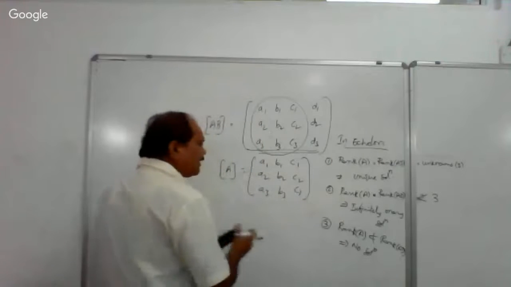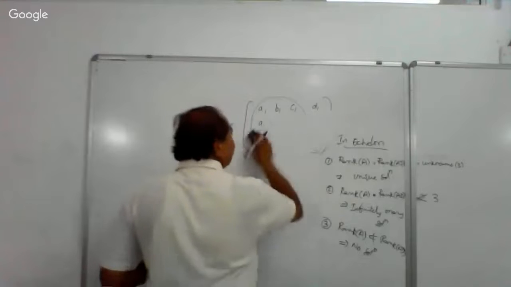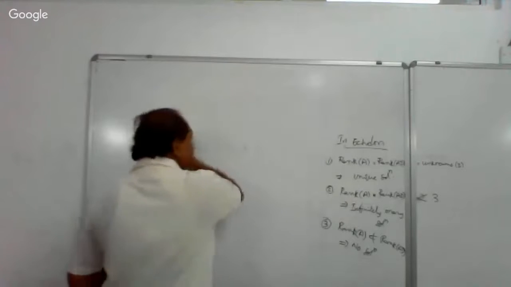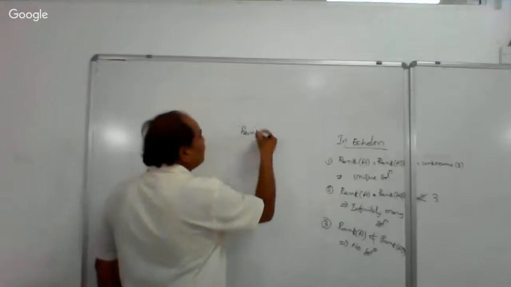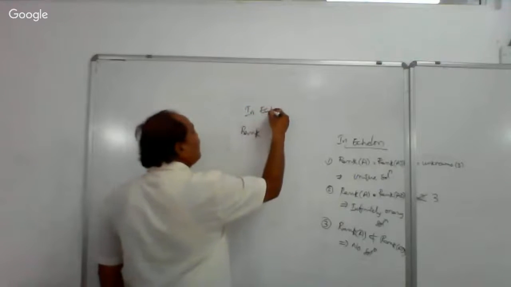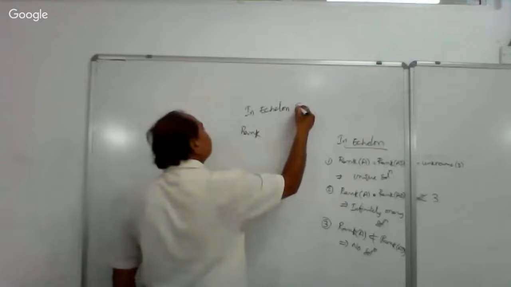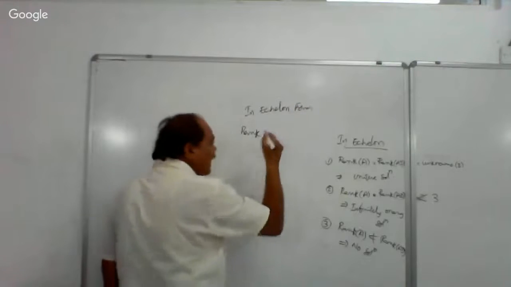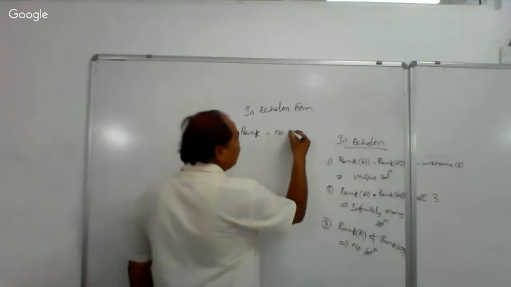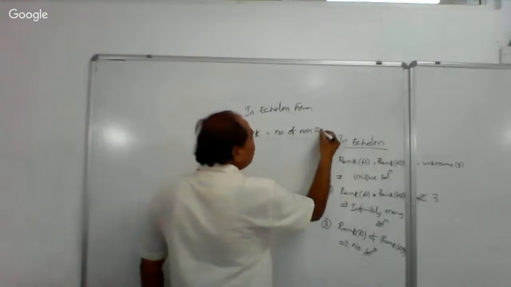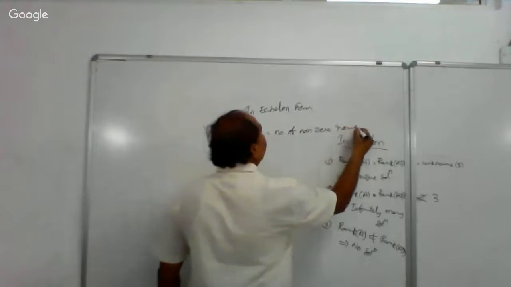Look here. What is meant by rank? In echelon form, rank is equal to the number of non-zero rows.